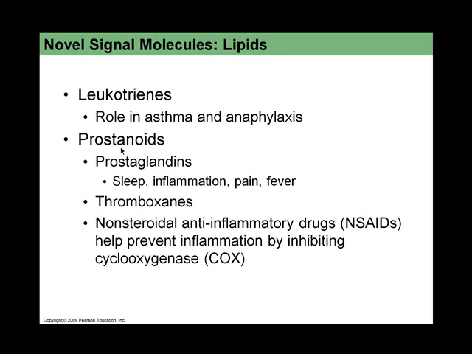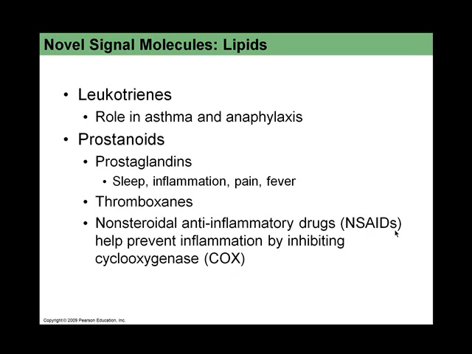So the prostanoids are other sets of lipids, including the prostaglandins that are involved in sleep, inflammation, pain, and fever. Thromboxanes are others here. Non-steroidal anti-inflammatory drugs will target some of these cyclooxygenase molecules. They are typically inhibitors.